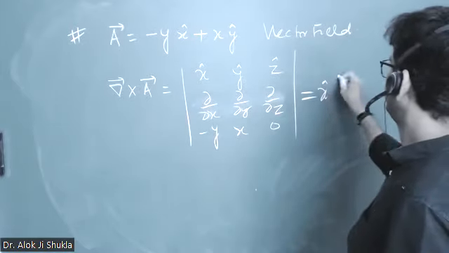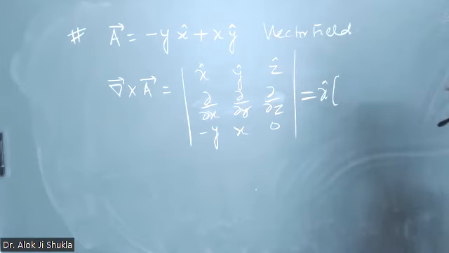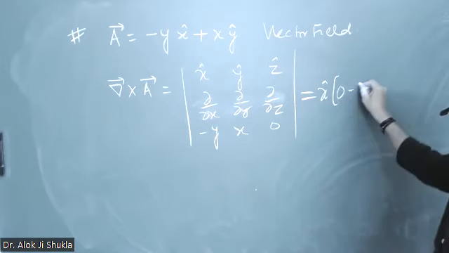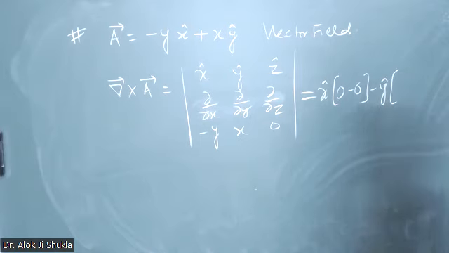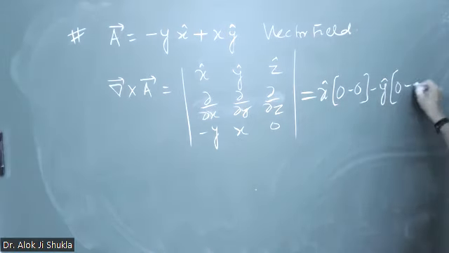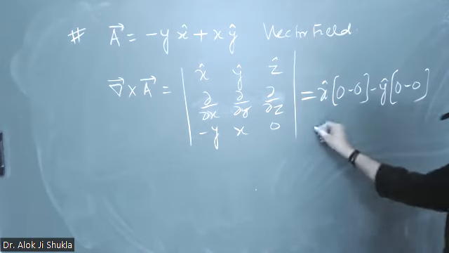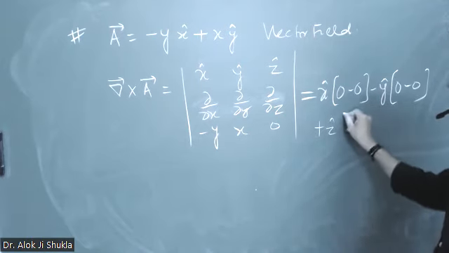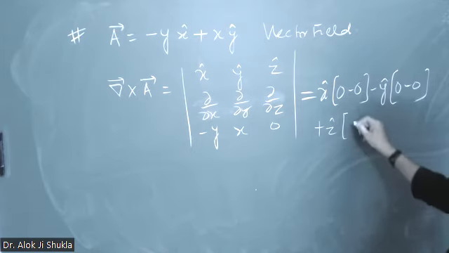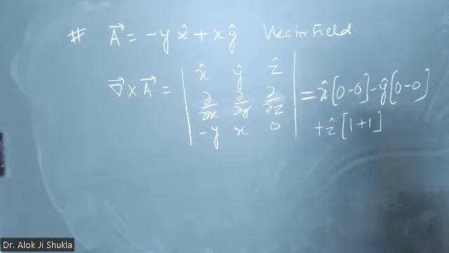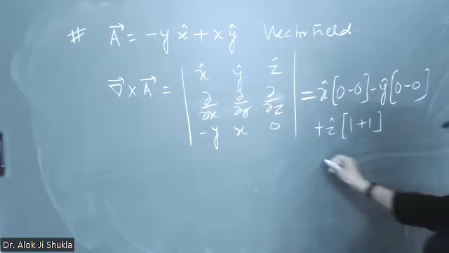So x cap gives 0, minus y cap gives 0, plus z cap times (1 minus (minus 1)), which is 1 plus 1. So here we get 2z cap.